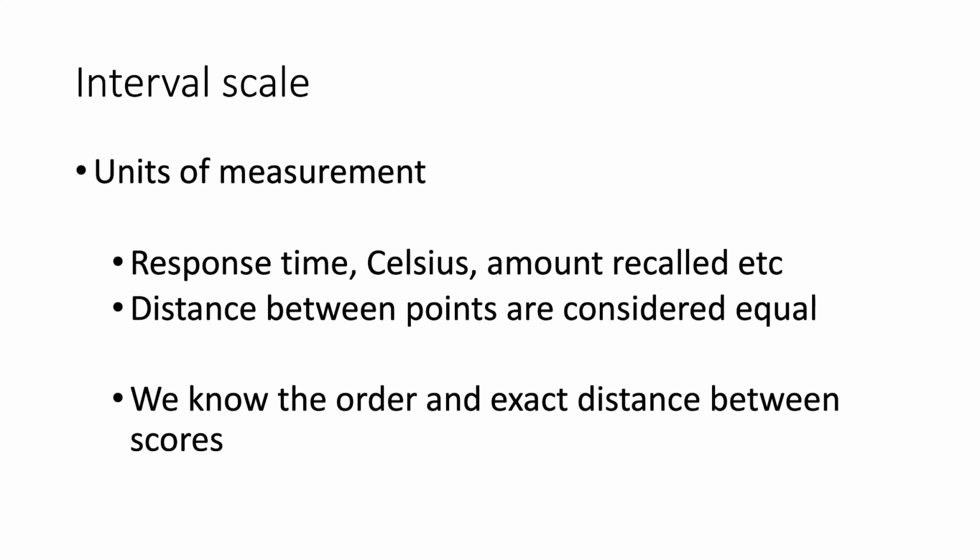Interval scales. So there's an extraordinary number of different units of measurement that people use in various experiments, but these are things that, as I've said, you can get a number as your data. So it could be things like response time, temperature, numbers of words recalled in lists, distance between points, and so forth.